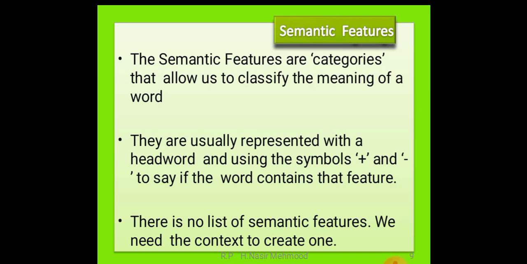With the help of semantic features, we can understand the meaning of different words. They are usually represented with a head word and the symbols plus and minus. If the word contains that feature, we use plus, and if it does not have that feature, then we use minus.